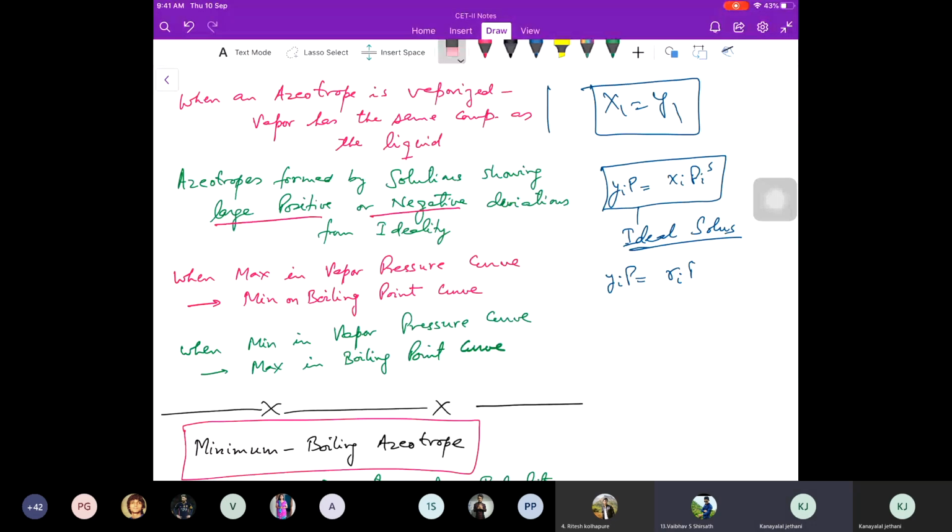So where is the question of that being equal? Do you understand? This is for non-ideal.